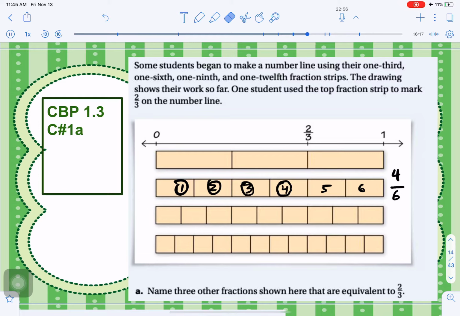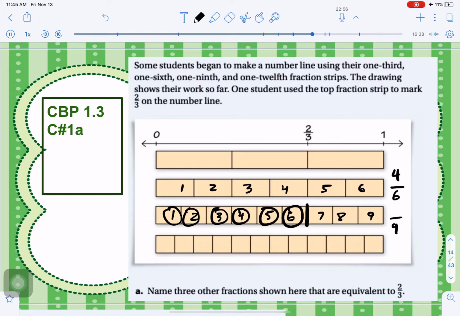So this is 4/6. Now that we see this, I think it should be pretty easy to do the same with the rest. I have 1, 2, 3, 4, 5, 6, 7, 8, 9 parts here. So each piece is 1/9. And if I count up to that mark, I have 1, 2, 3, 4, 5, 6 ninths.